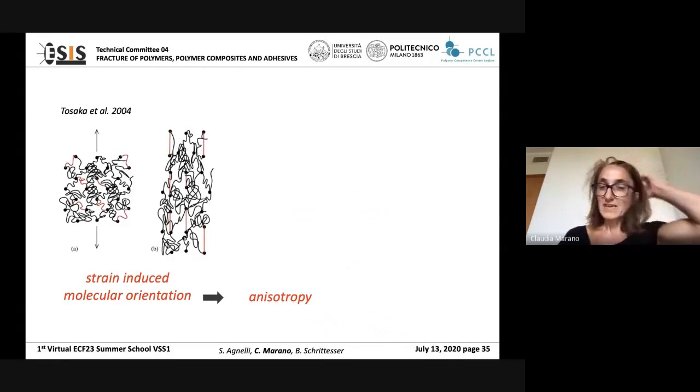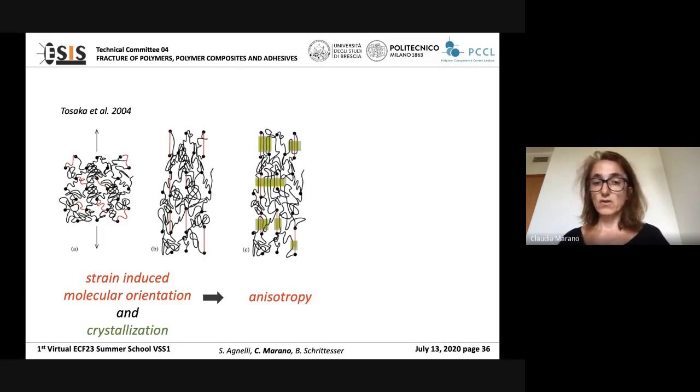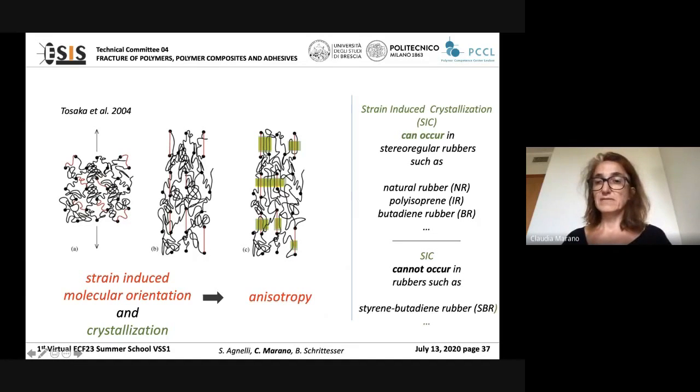Why is there a strength anisotropy in a rubber compound? Rubber, as Silvia said, is a material that is above its glass transition temperature, so the molecules are characterized by high mobility. So there is a significant molecular orientation induced by strain that gives rise to anisotropy in the structure of the material, that can be even strengthened if crystallization can occur under strain. And crystallization can take place in some rubbers, not in all rubbers, in stereoregular rubbers like natural rubber, polyisoprene rubber, and so on.